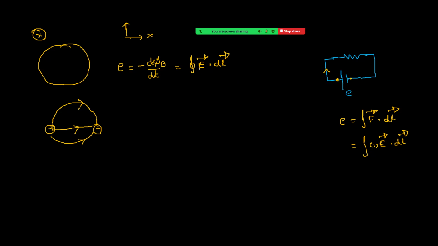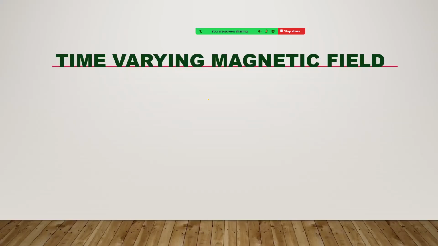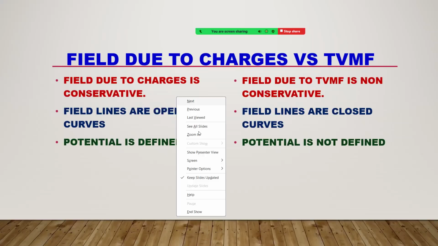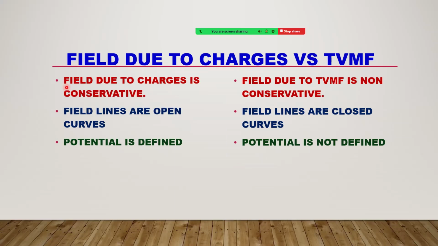Let us focus now on the points we have discussed till now. You can see here, first point: electric field due to charges is conservative. Electric field due to time varying magnetic field is non-conservative.